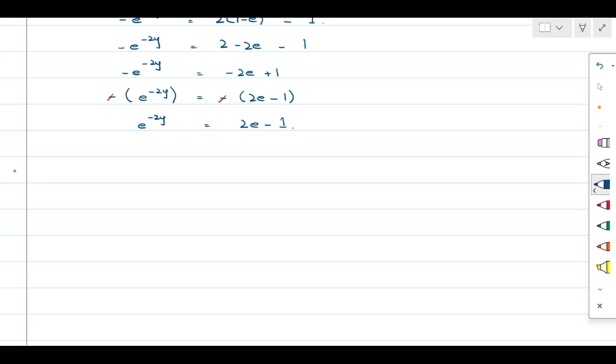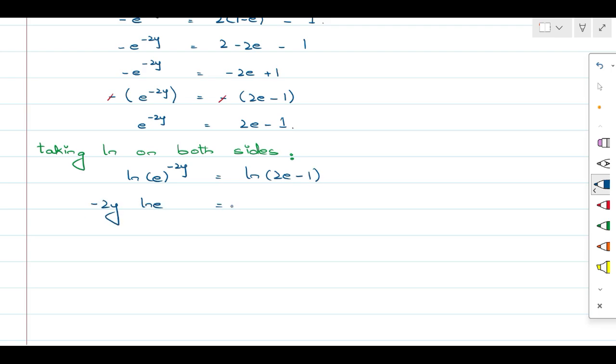Now we have to take ln on both sides. So we can say taking natural log on both sides, because we have to solve for y, right? Okay, so when we apply the natural log, e power minus 2y is equal to natural log of 2e minus 1. So applying the log property, minus 2y comes before the natural log of e, natural log of 2e minus 1.